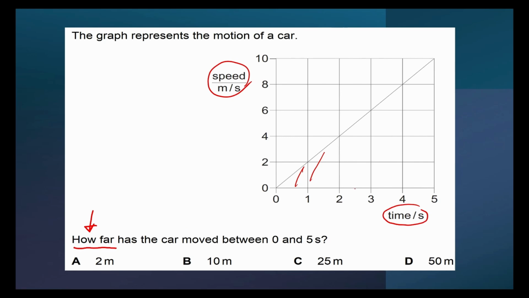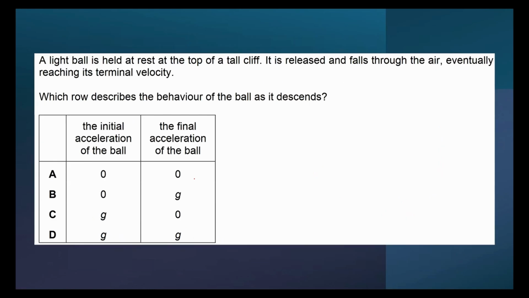As long as we have a speed-time graph and we want to get the distance, this means we are getting the area under the graph. It is a triangle, so the area equals half times the base, which is 5, times the height, which is 10. So the answer is 25 meters, because the speed is in meters per second and the time is in seconds, so the distance is in meters.